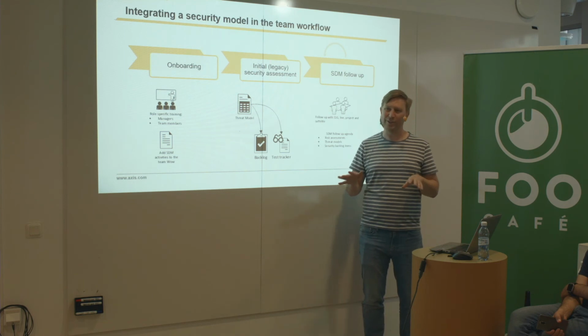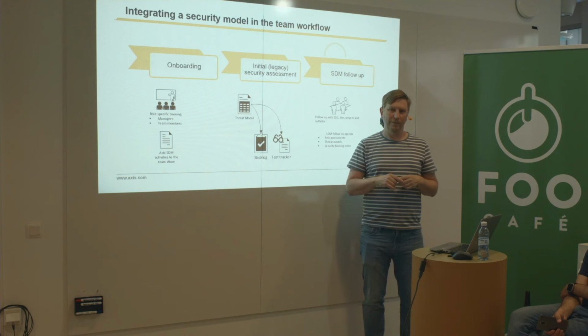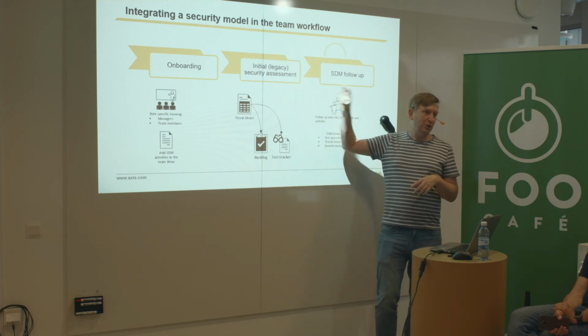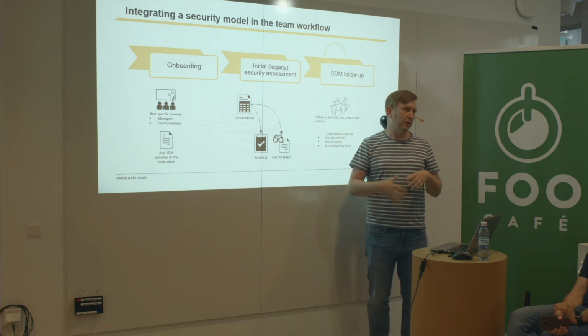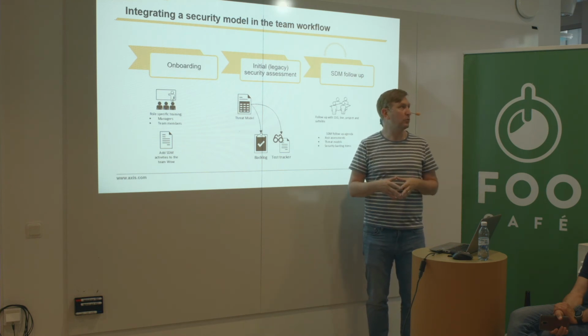Not when the analysis is done, but when we believe that they can do it on their own. And all of the teams we have done so far have been able to do this on their own. Some even get really, really good at it. But that's key, because then you start actually building the security stuff into the way they work. So we're there to support them in the beginning, but then we back away so they get to use the toolkit themselves.